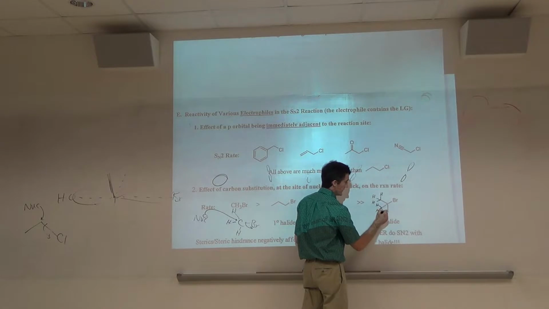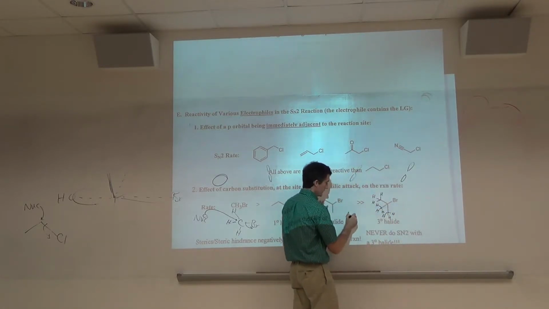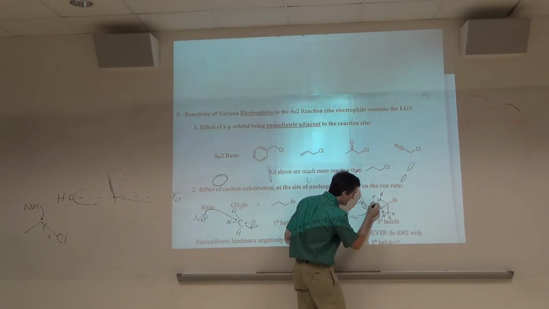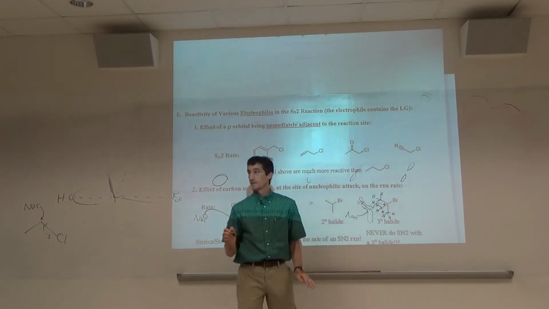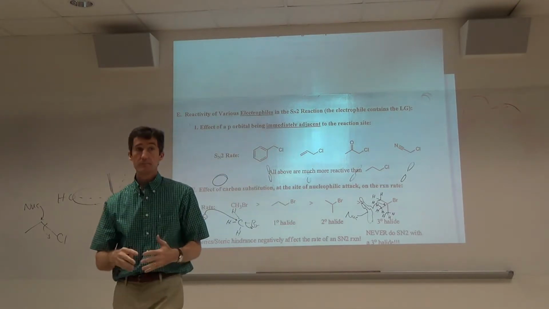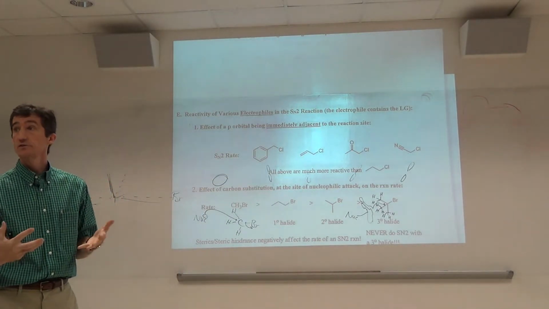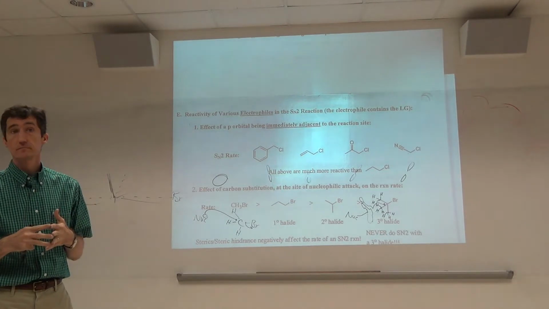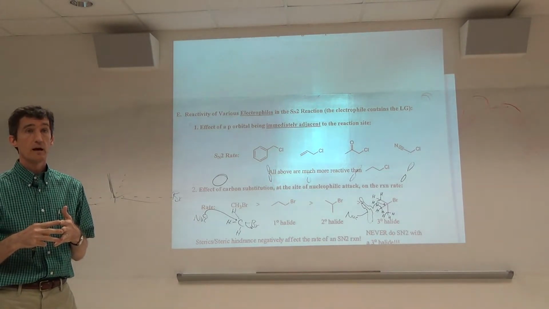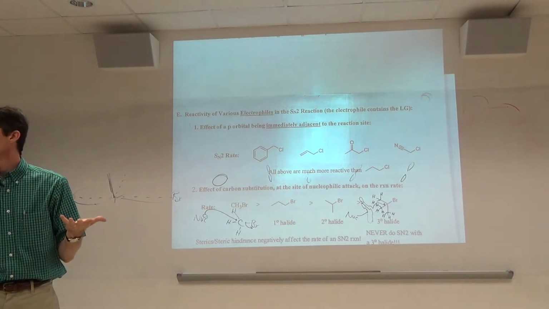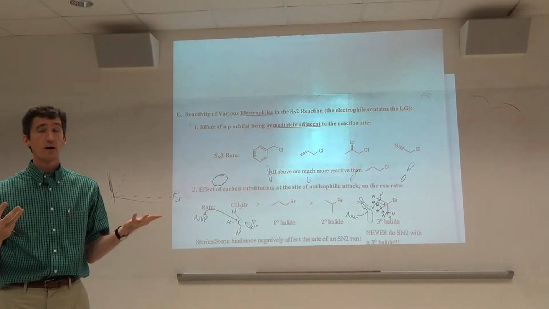If you draw in all those H's, the nucleophile is like, how do I get in there? Okay? It's blocked. This is called sterics, or steric congestion. Hopefully it just intuitively makes sense. All right?